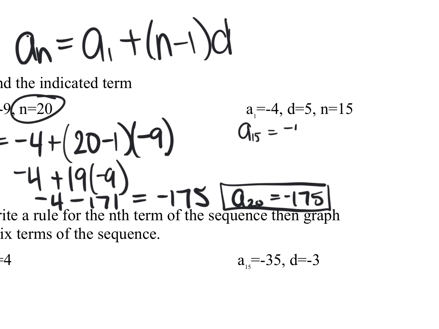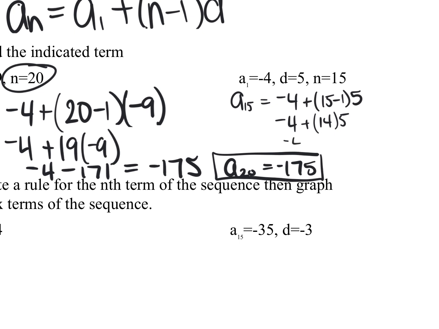Negative 4. So negative 4 plus, what goes in the parentheses? 15 minus 1 times D, which is 5. Negative 4 plus 14 times 5. Negative 4 plus 70, 66. A15 equals 66. Yes?